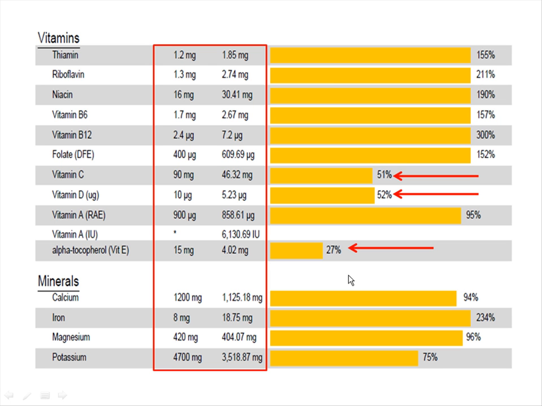So you go through and make adjustments in your food intake to meet that 90 milligram intake goal. You can see everything else has met the goal, so I don't need to make any adjustments with those. But for each of these, you need the top 3 food sources.